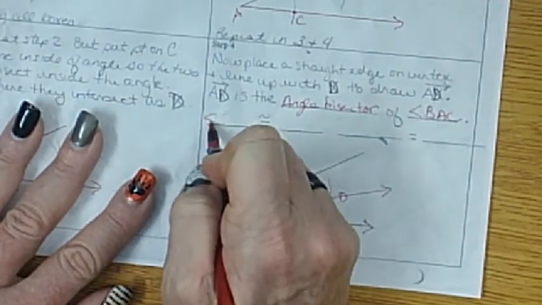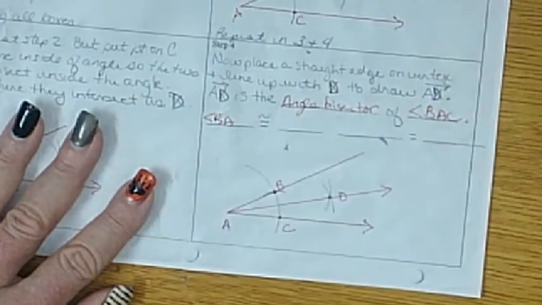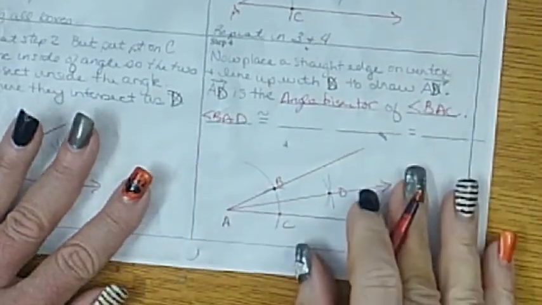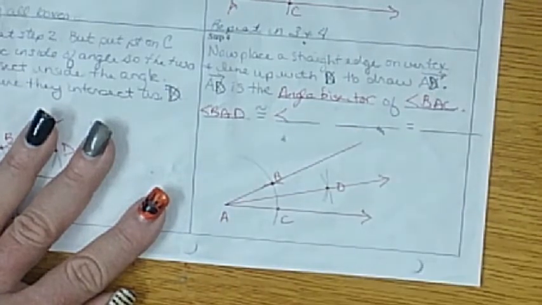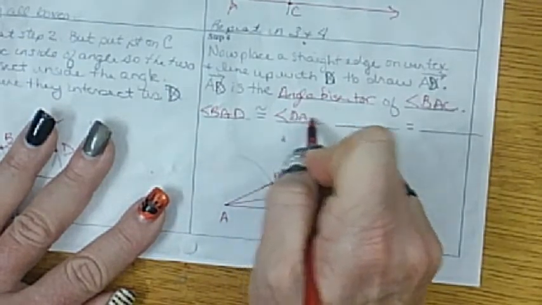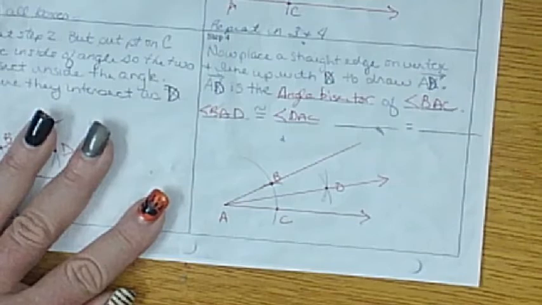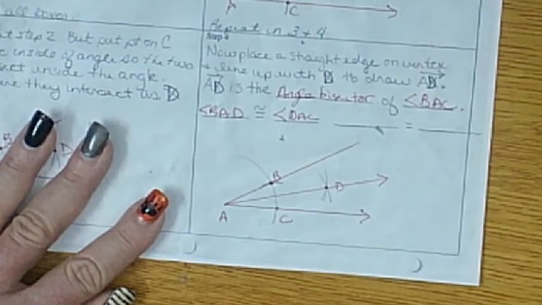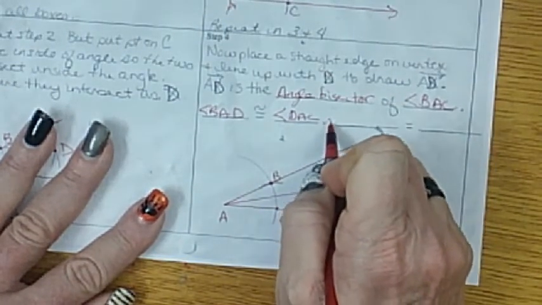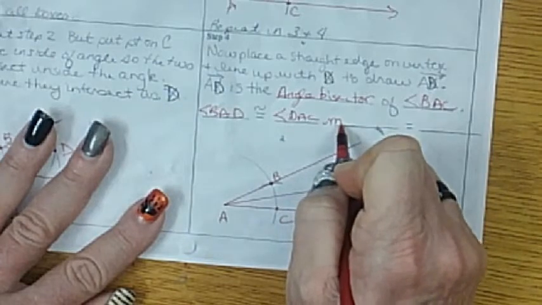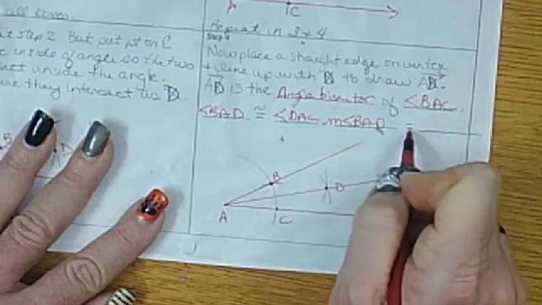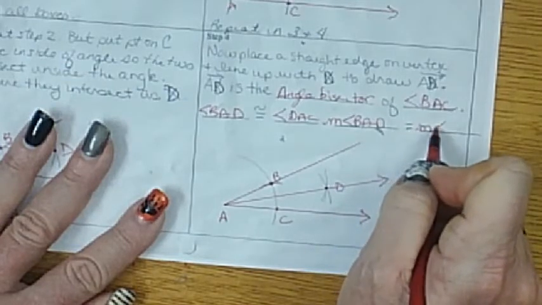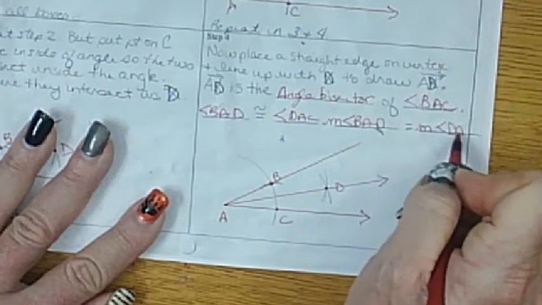Angle BAD is congruent to which one? DAC. If I know that they're congruent, then I also know that they are equal to each other. But the notation for equal means I have to write an M in front of it. So the measure of angle BAD is equal to the measure of angle DAC.